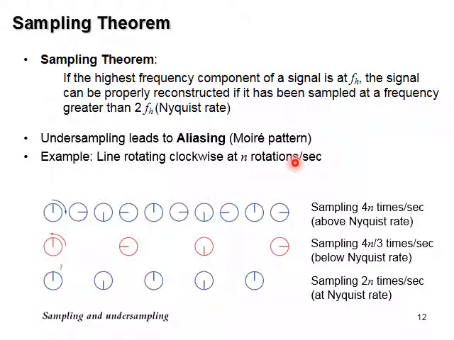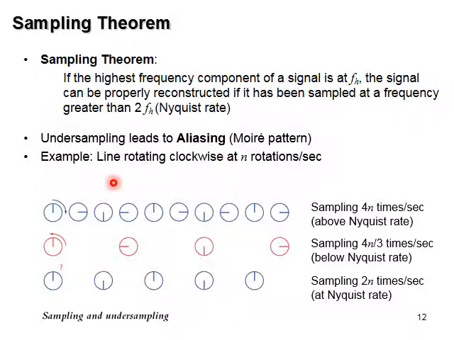Now let's assume that you're capturing a video of that line while it rotates, and you decided to take samples from that video, and those samples are at a rate of 4n times per second. So the line rotates n rotations per second. Now we are sampling at 4 times this rotation speed.